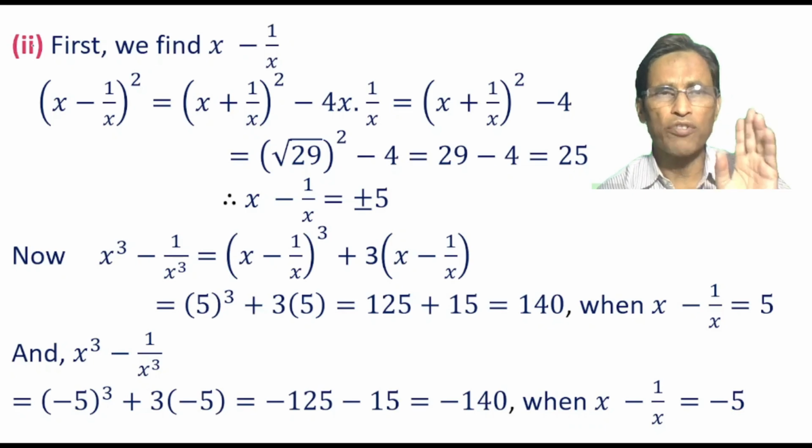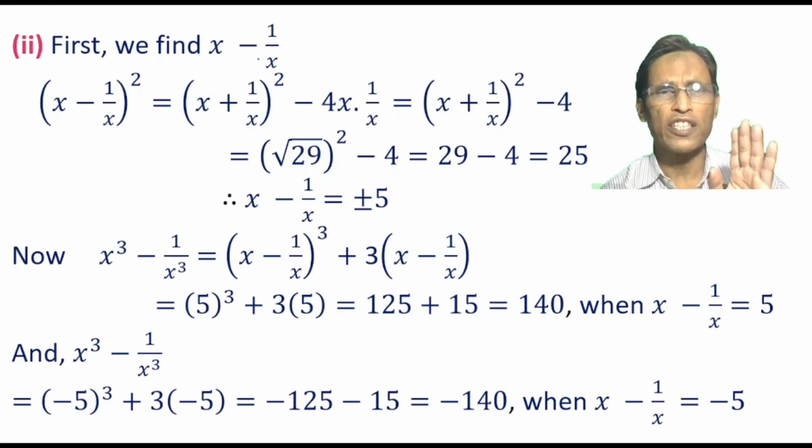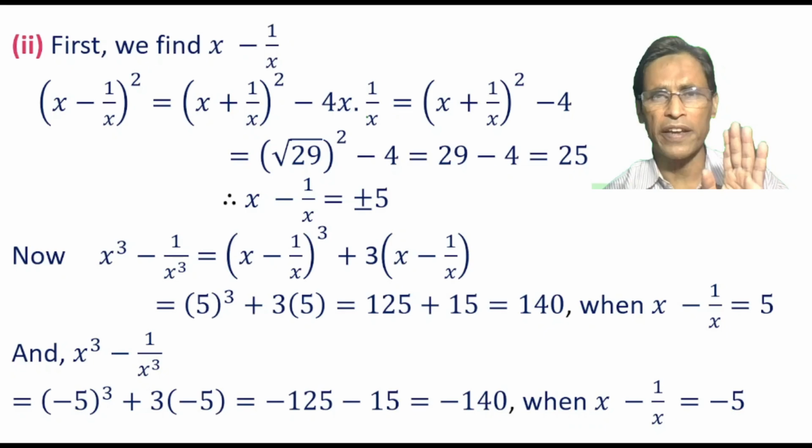Answer. Now we take part 2, in which we have to find the value of x minus 1 by x. To find the value of x minus 1 by x, we proceed as (x minus 1 by x) to the whole square, which is equal to (x plus 1 by x) to the whole square minus 4 into x into 1 by x. Clearly, this x can be cancelled by this x, and then we get (x plus 1 by x) to the whole square minus 4.